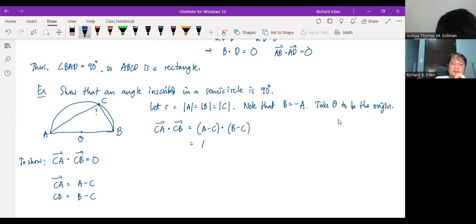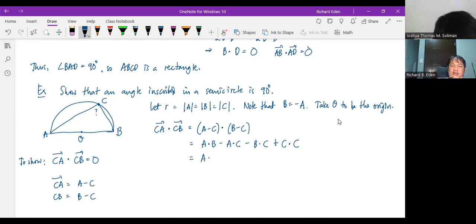A dot B minus A dot C minus C dot B. Let's just write it as B dot C, plus C dot C. A and B are negatives of each other.